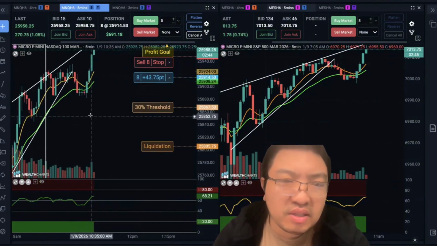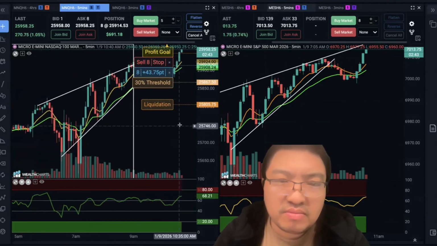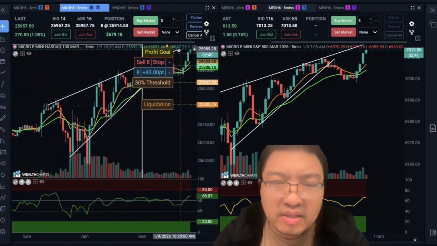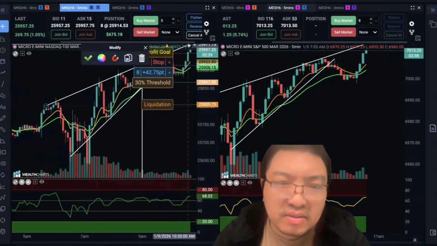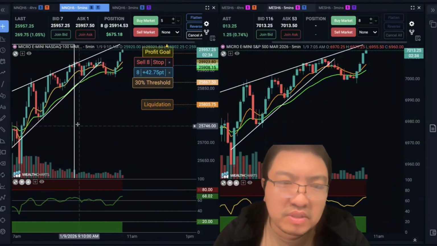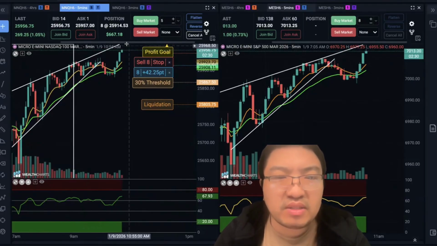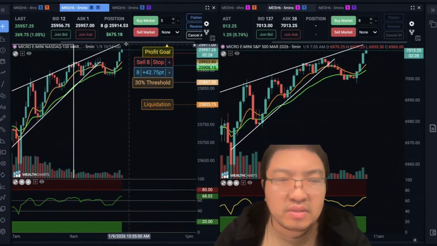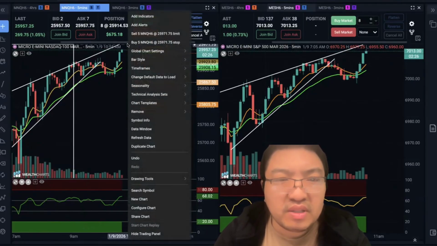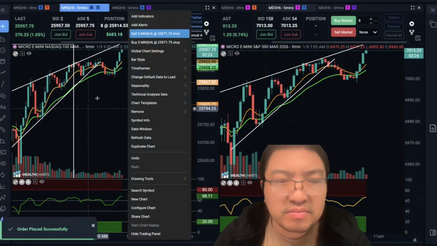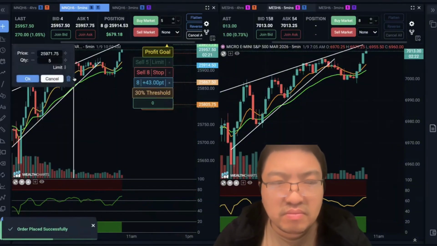God, it's not easy to draw the trend line. So the upper bound is here, still some distance. I'm expecting something. So take profit, sell.